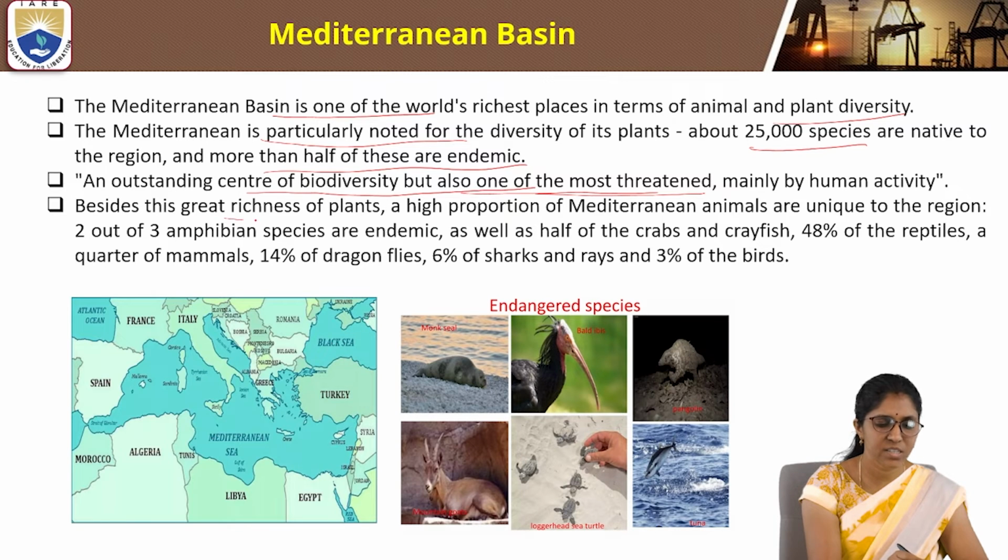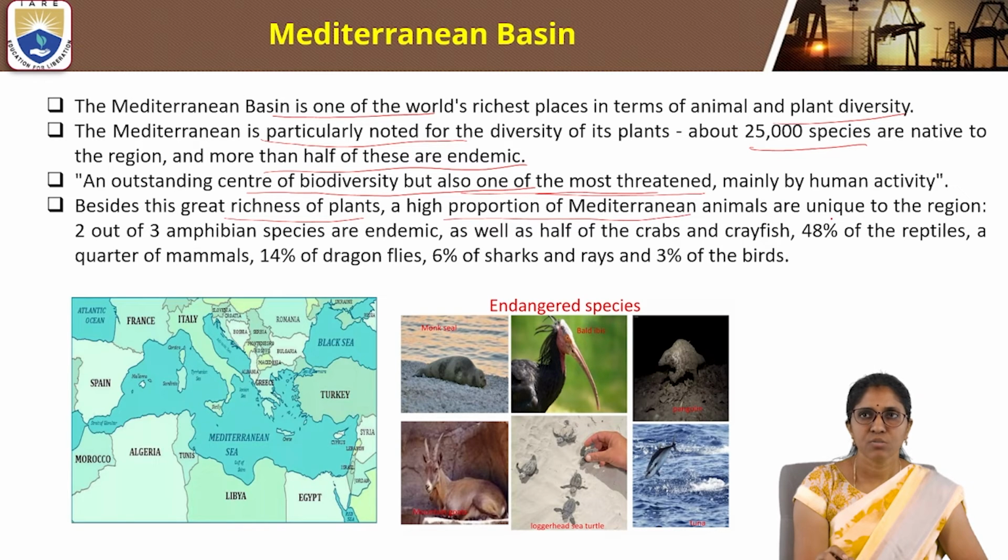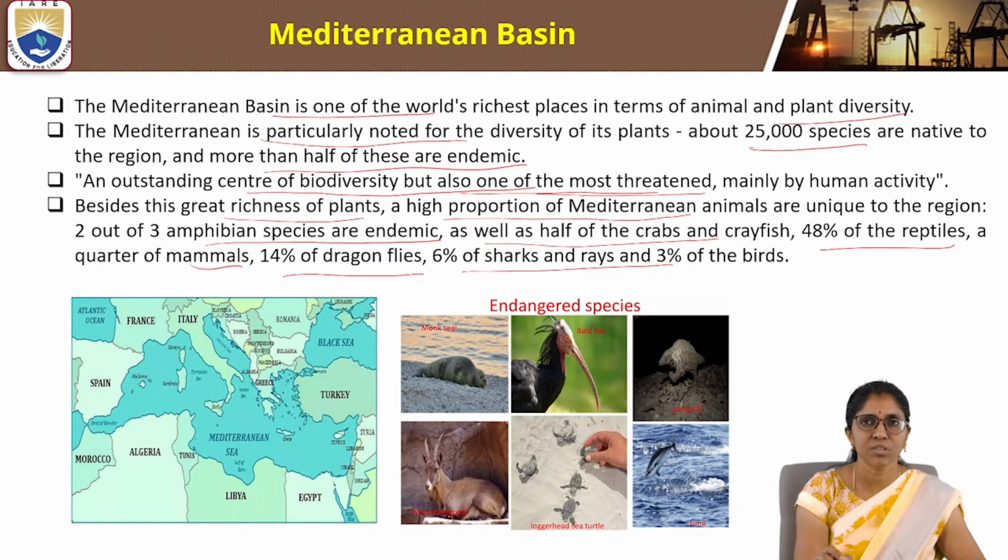Besides this great richness of plants, there is a high proportion of Mediterranean animals unique to the region. Two out of three amphibian species are endemic, as well as half of the crabs and crayfish, 48% of reptiles, a quarter of mammals, 14% of dragonflies, 6% of sharks and rays, and 3% of the birds.